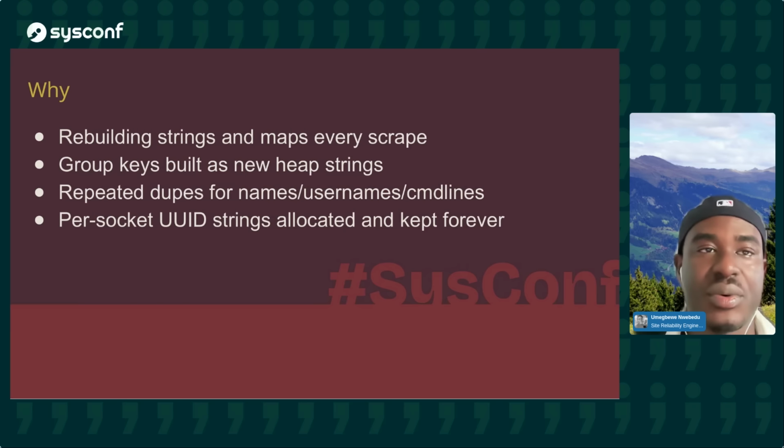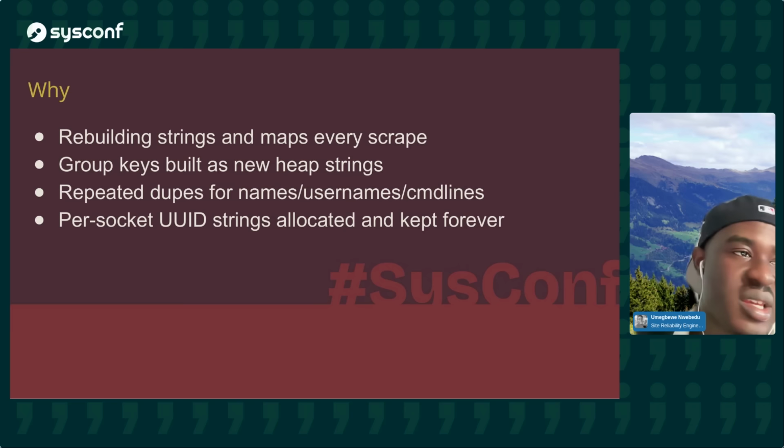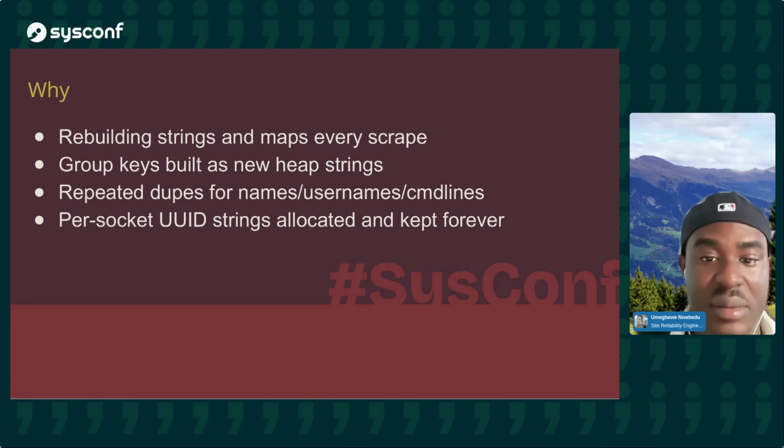For example, on a typical macOS, you probably have 23, maybe 25 users, and a lot of them are system users, right? So these don't change at every scrape. You don't create users at every scrape. The CMD lines do change, but they don't change a lot.